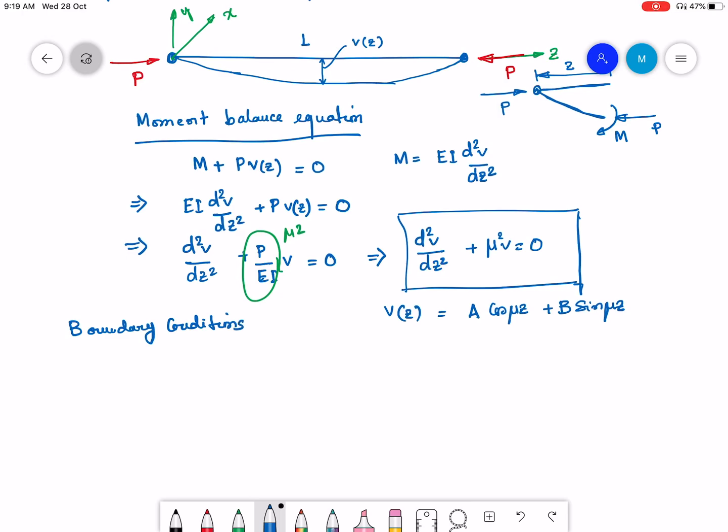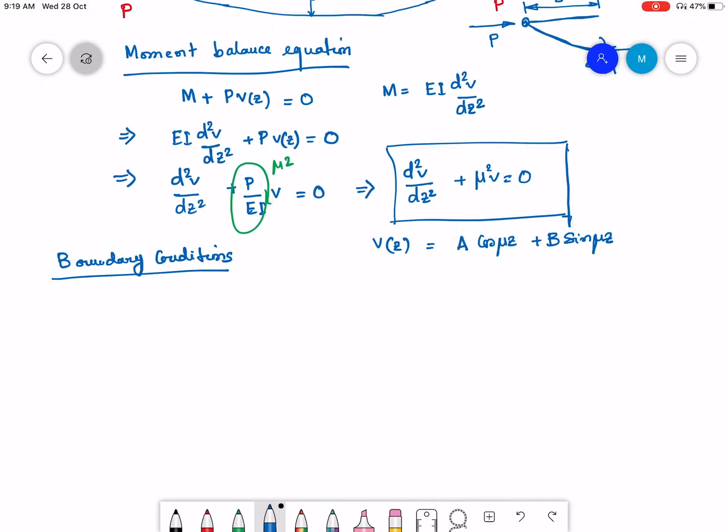Okay, so a and b are unknown, so let us apply the boundary conditions on the column. What are the boundary conditions? At z equal to 0, v is equal to 0. If we apply this boundary condition, then a goes to 0. The next boundary condition is at z equal to L, again v is equal to 0 because it is a pin-pin condition, and that gives us b sin mu L equal to 0.